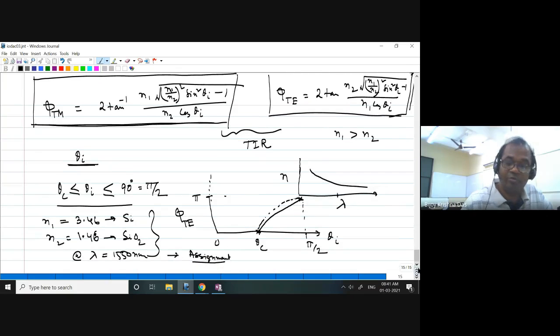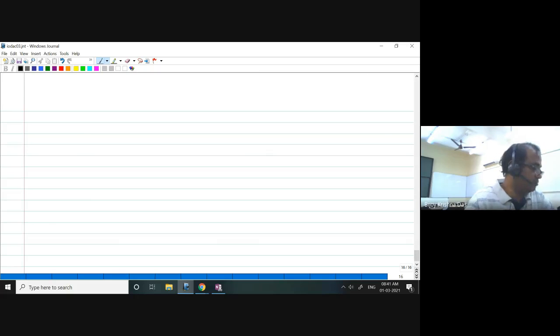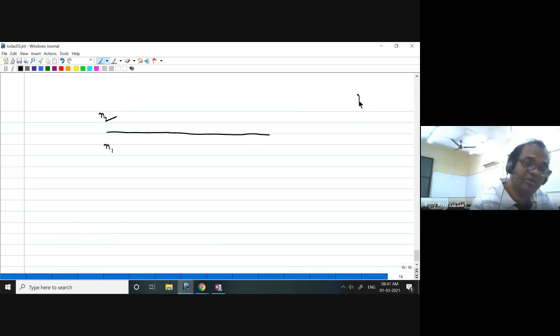Now we move on to one interesting point. Let us go back to our setup. I have media, and this is your interface. I consider N1 and N2 non-magnetic dielectric media, and we also consider N1 greater than N2, where total internal reflection takes place.